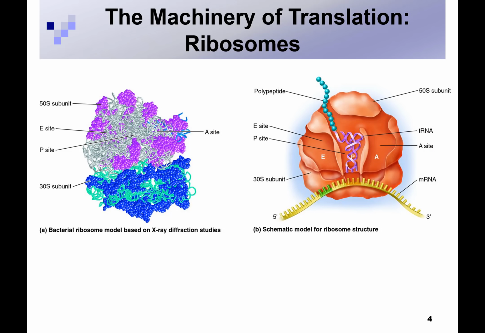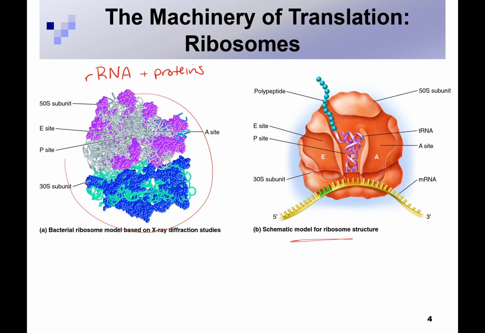Okay, let's talk about the ribosome. The ribosome is made up of ribosomal RNA, rRNA, plus proteins. This is kind of a model, space-filling model of a ribosome.